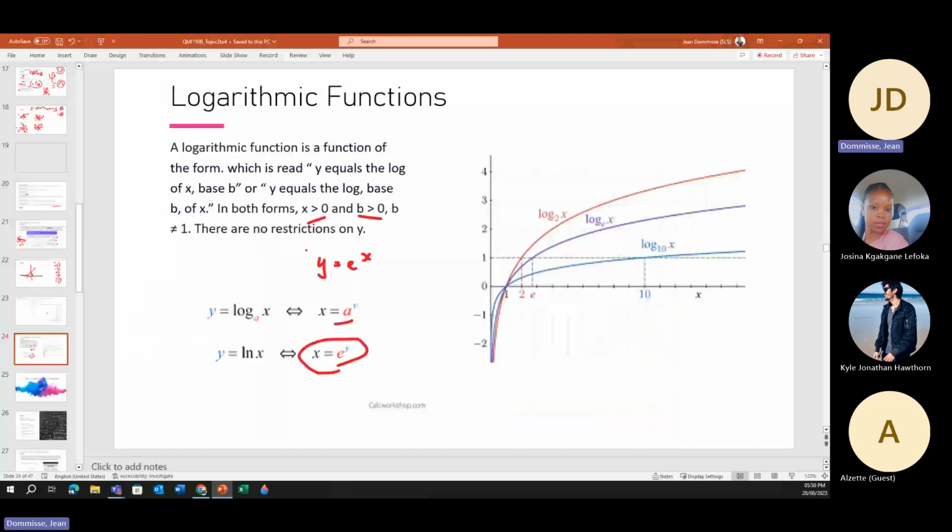So all that has happened is that your x is now the subject, and not your y anymore. So that's why instead of a function going up on this side, it's nearly a function that is turned the other way around. So that's the two differences between your exponential and your log function.